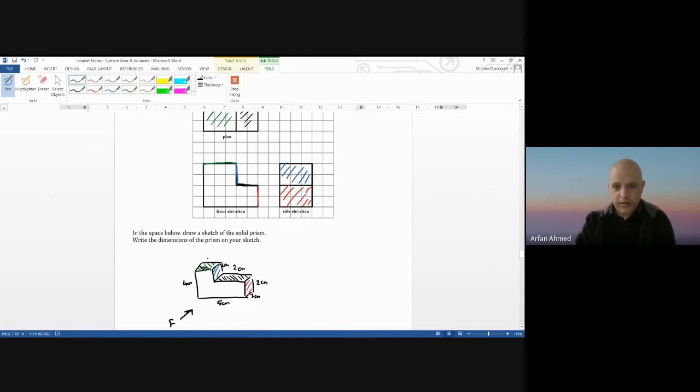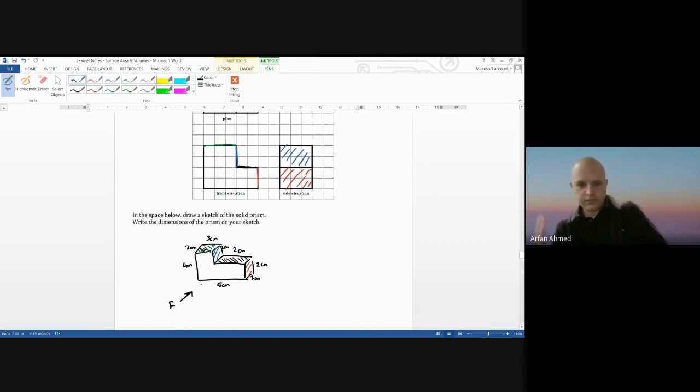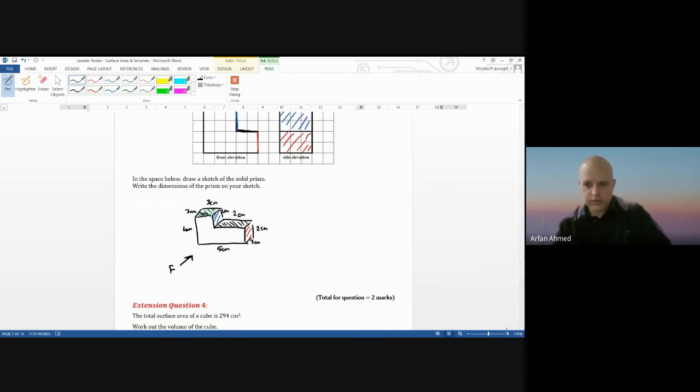And the top bit there is 1, 2, 3. And this bit here is the same as the side elevation, yep, which is 3. So that should be 3 there as well. Yep, that's good enough. That's your answer.